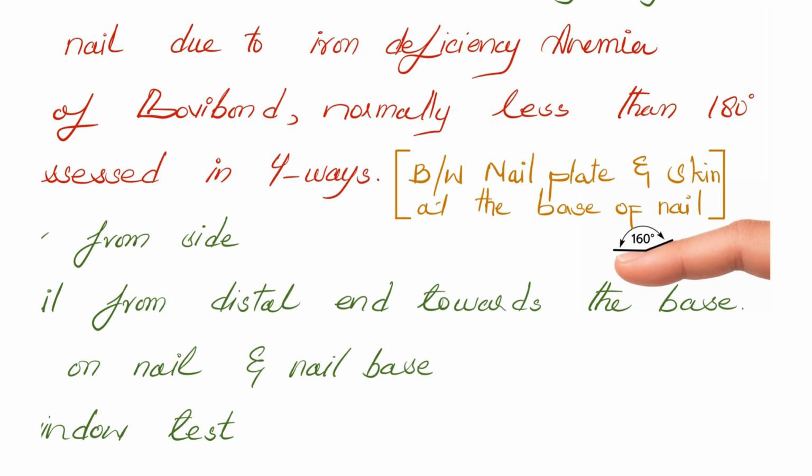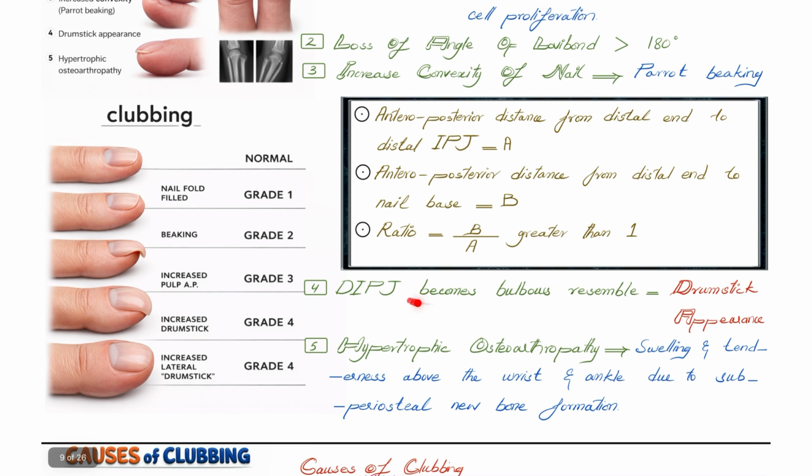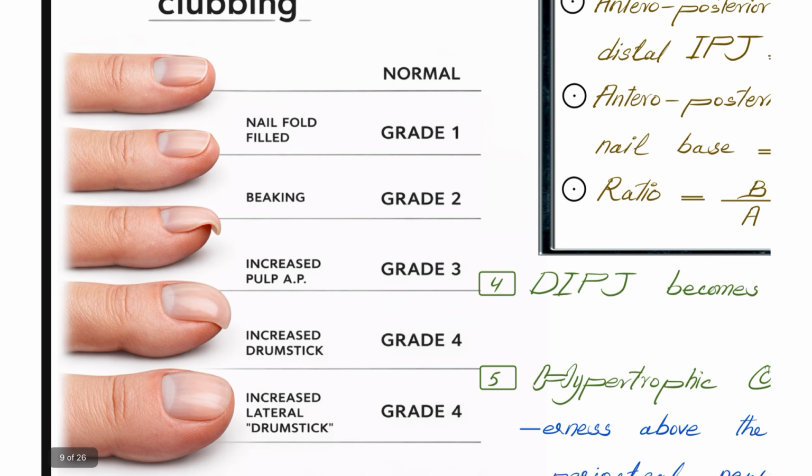And then there is increased convexity of the nail, which is called parrot beaking. The fourth grade is that the distal interphalangeal joint becomes bulbous and resembles a drumstick. And the fifth grade is hypertrophic osteoarthropathy, that is swelling and tenderness above the wrist and ankle due to subperiosteal new bone formation. As you can see the grading of clubbing in the image.